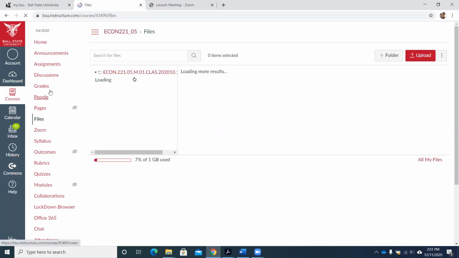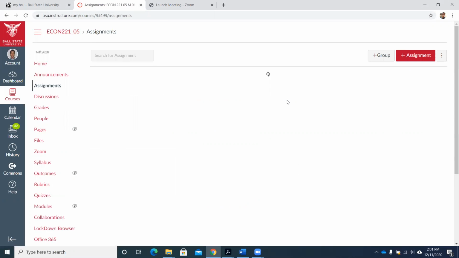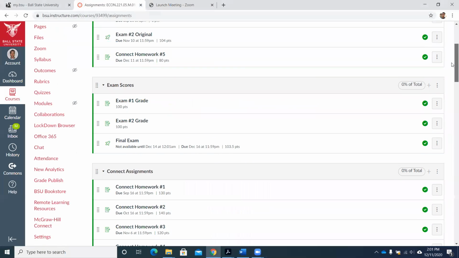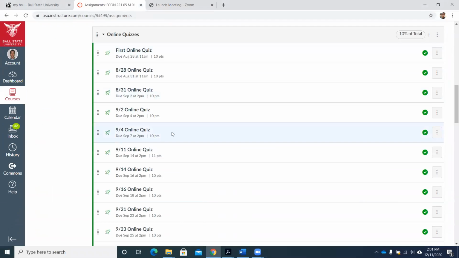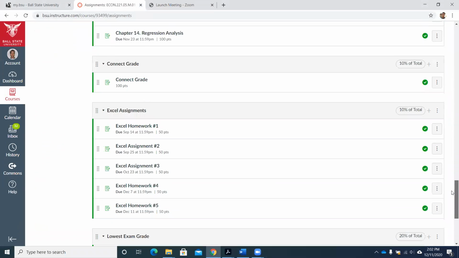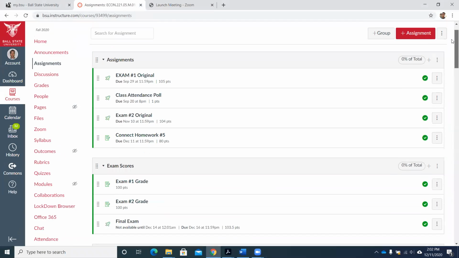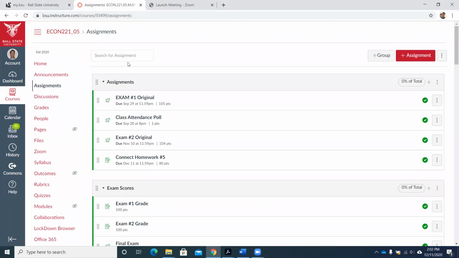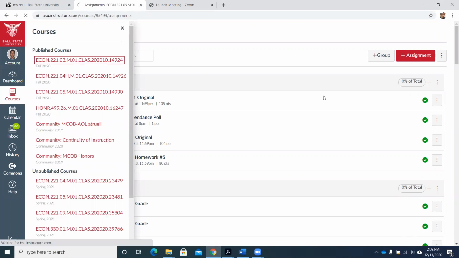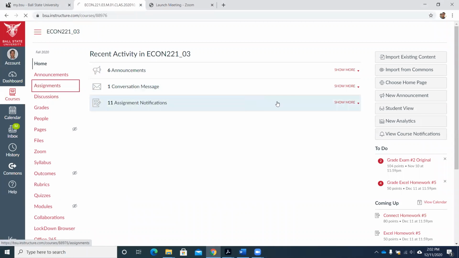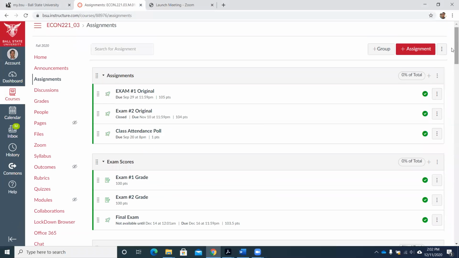So one thing I want to mention: in the grade book I updated some things. Before, you would have seen your grade for the online quizzes coming from here. Actually, I didn't update it for your section yet, but I'll update it after we're done today.